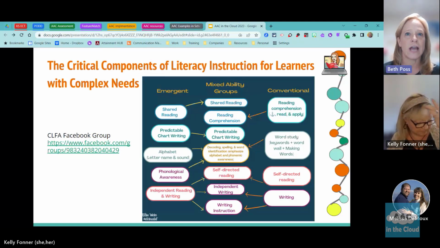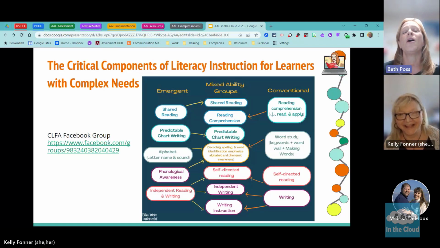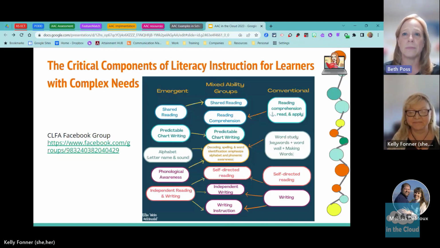If you're not familiar yet with the Comprehensive Literacy for All Facebook group that the amazing Alyssa Wern runs, you need to pause this recording right now and go get yourself signed up for it, right? She's developed an absolutely brilliant graphic there that makes very clear the connections between the critical components of literacy instruction for learners with complex needs.